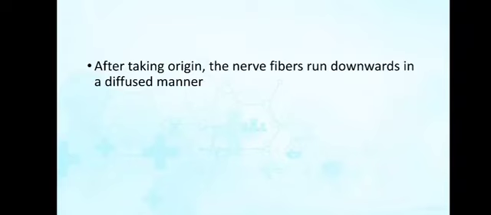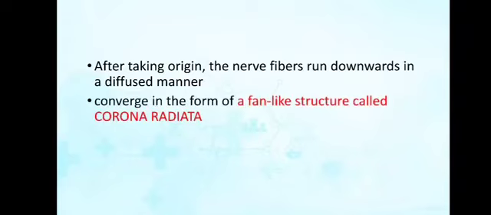Now let's start the course of the pathway. It will converge, which means the nerve fibers from all the origin areas will form a fan-like structure called corona radiata. This corona radiata contains both the ascending fibers from the thalamus and descending fibers from the cerebral cortex.